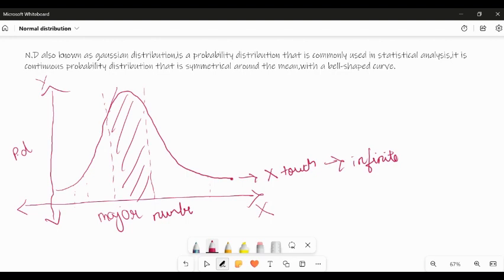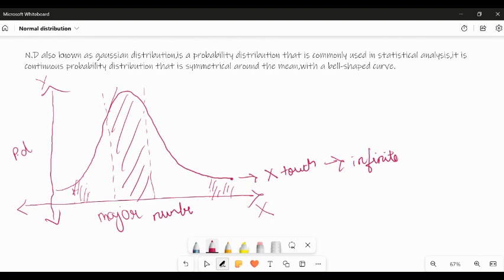Even weight is also a good example. If people lie over here, they are in the obesity range. If a person's weight lies over here, it's underweight. So there is overweight, underweight, and the correct, fit weight. We can describe the data based on IQ as well. The major number of people have an IQ lying in this part only, and very few people have an IQ in this other range. This is how the normal distribution actually works: lots of points are near the mean and very few are far away.